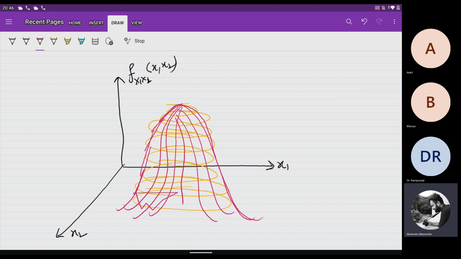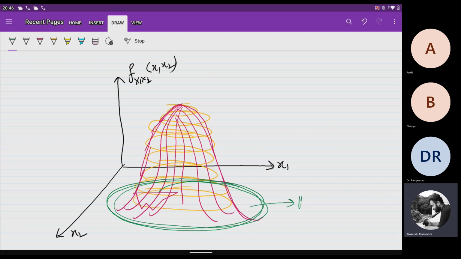So now rather than having a one-dimensional case, this thing is your sample space, which is basically an R2 plane or some subset of the R2 plane. Let's say it's denoted by B. On top of the plane, you have the density. In the one-dimensional case, you have a real line, and on top of the line, you have density.